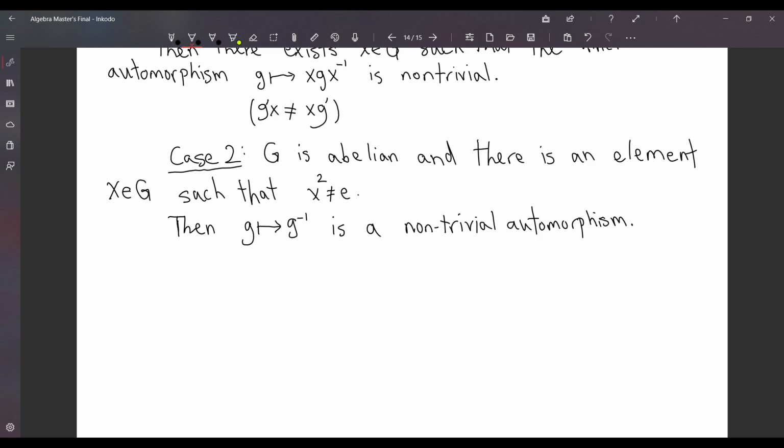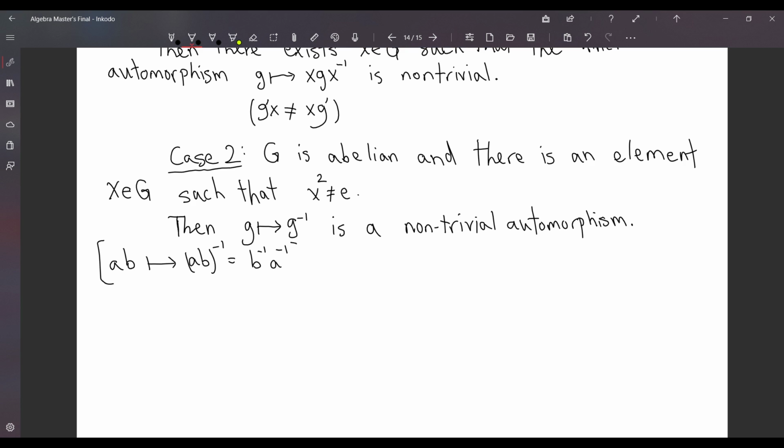Now, it's important to notice that this map is not an automorphism when G is not abelian, right? Because AB is sent to AB inverse, which formally is B inverse A inverse, right? So this is only an automorphism when G is abelian.